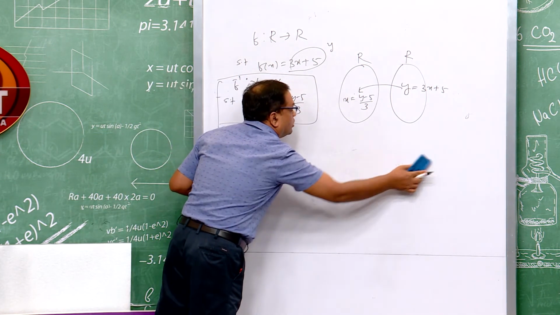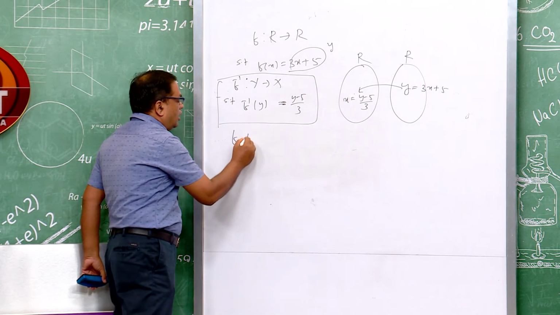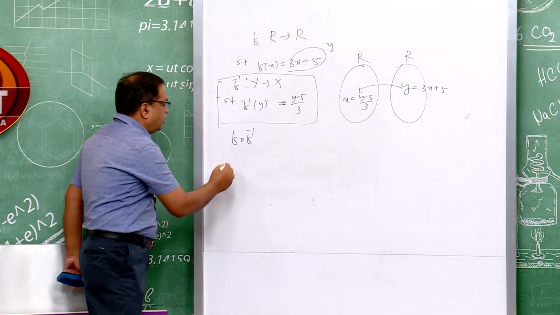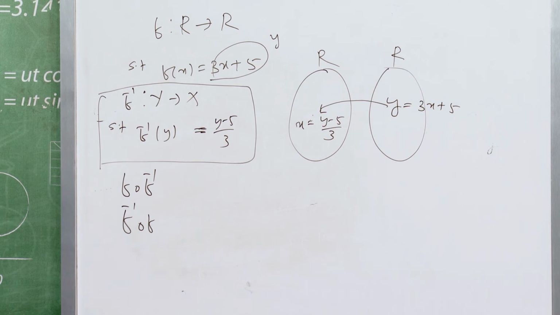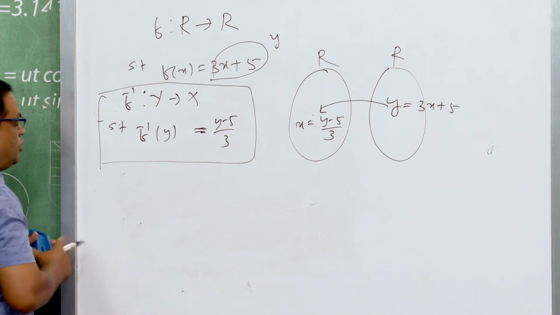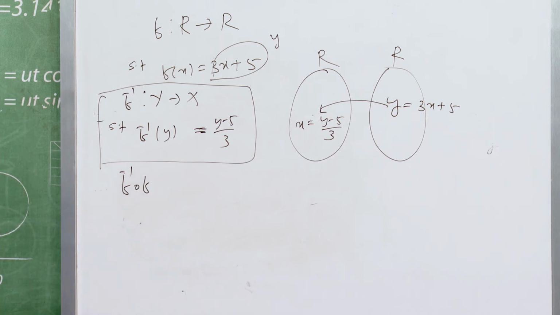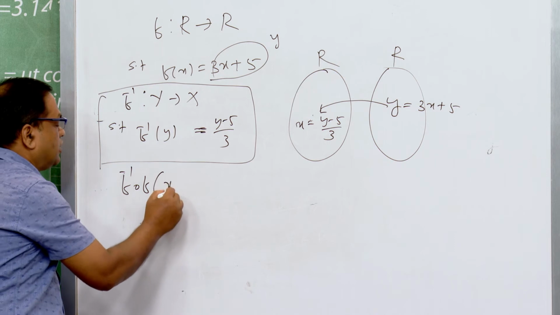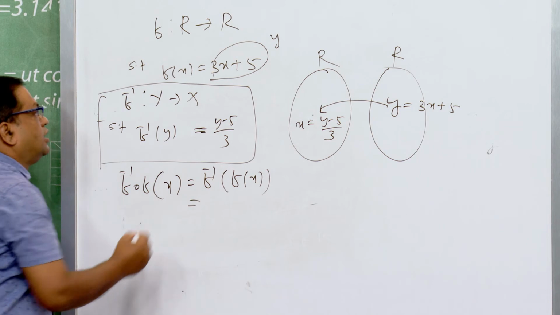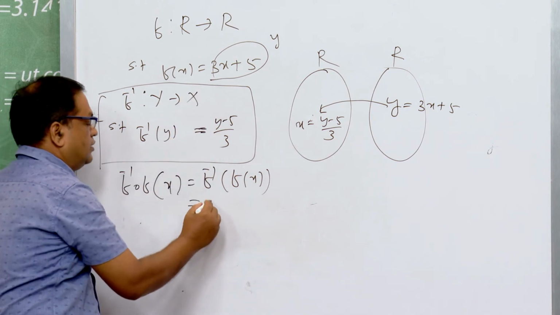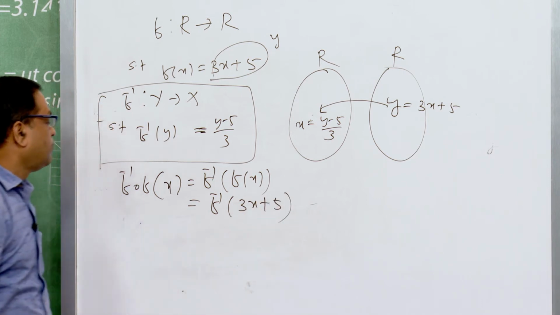Now, if it is the inverse function, then f composition f inverse and f inverse composition f should be the identity function. First we will check whether f inverse composition f is the identity function or not. So, f inverse f(x) is equal to f inverse of f(x). What is f(x)? f(x) is 3x plus 5.